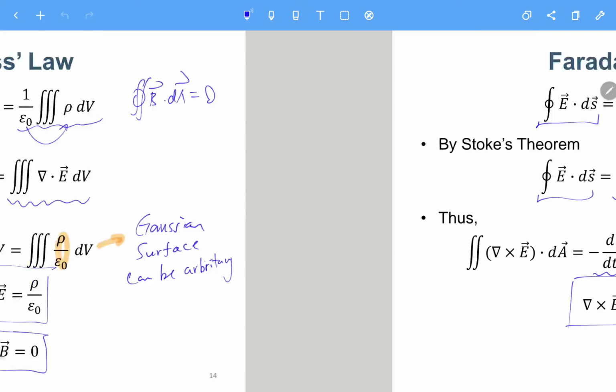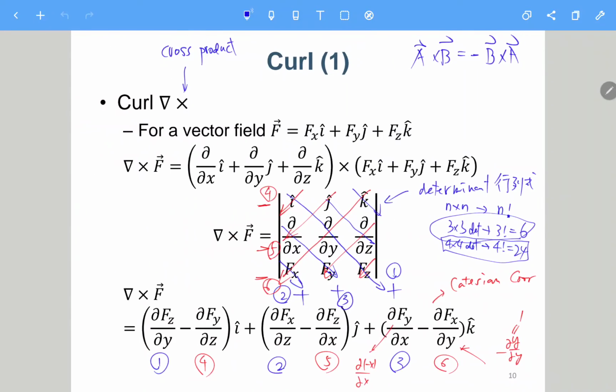Taking the divergence gives partial squared f z over partial x partial y, minus partial squared f y over partial x partial z. This is the first 2 terms, and then you can do it for the following 4.